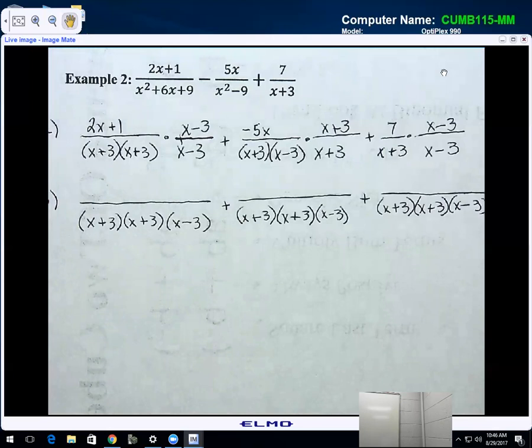What you should have after step 5. Multiply each fraction by whatever it needs to make it have the LCD. Look up just a minute, let me ask you something.